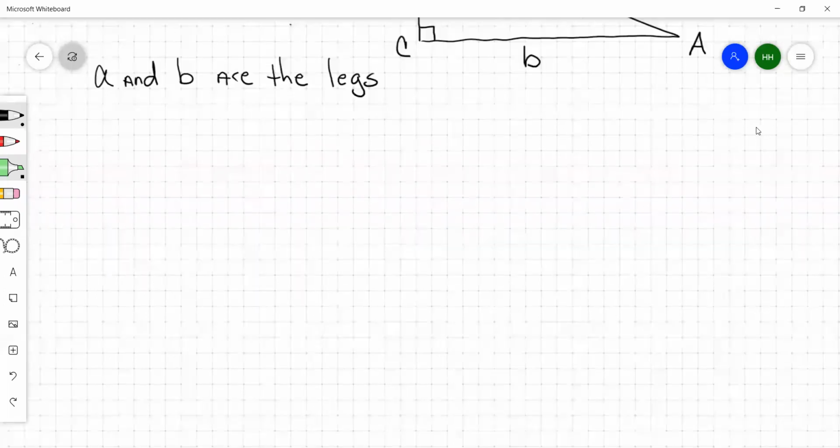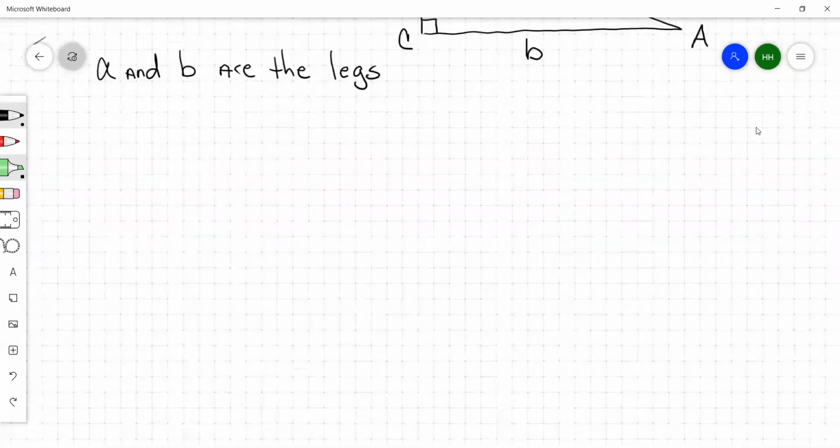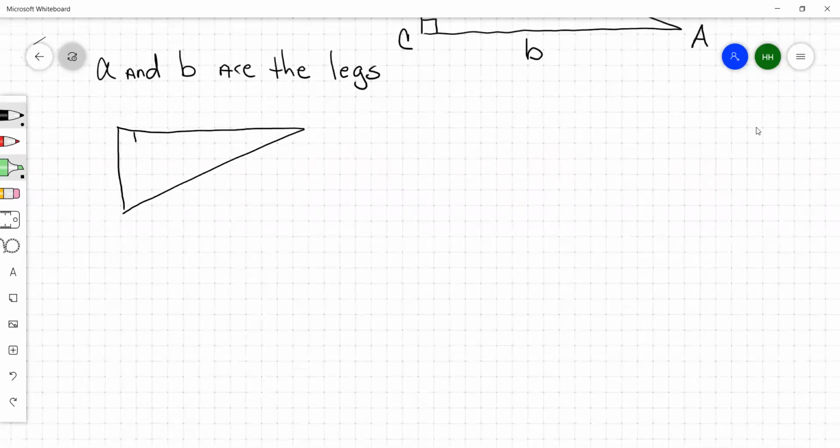So, if you're given the triangle, and you're given two sides, and one side's a 6 and one side's a 15, and you're asked to find the missing side length, it may have an x on it, it may have any variable you want.